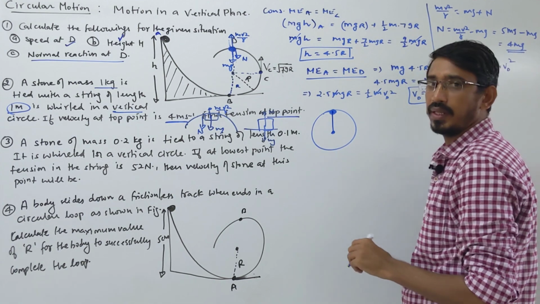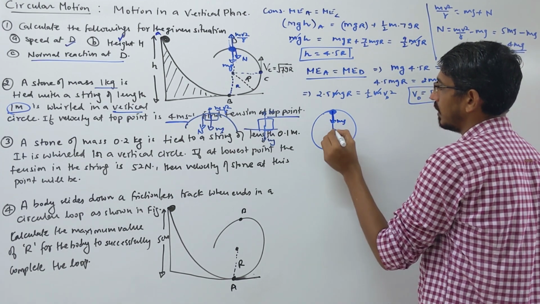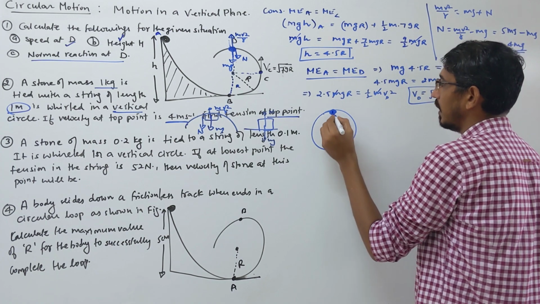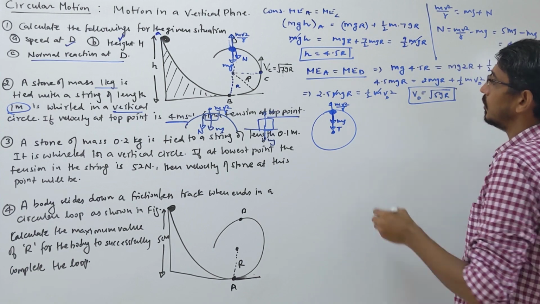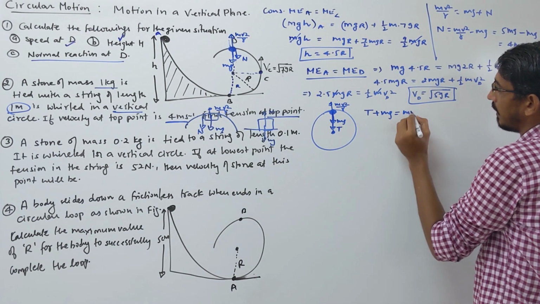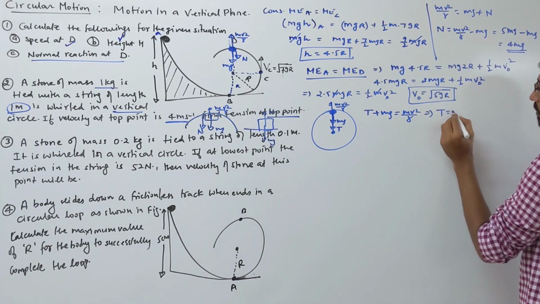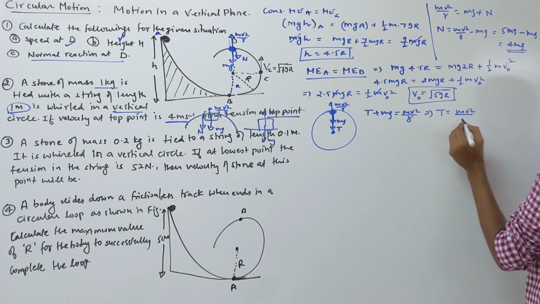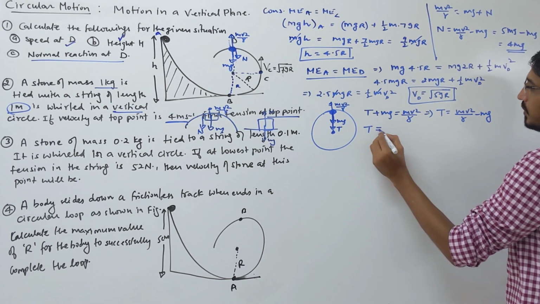Look here, what forces are acting? mg acts downward, tension T acts downward, and mv square by r is upward. So T plus mg is equal to mv square by r. We have to find tension, so T is simply mv square by r minus mg. Now put the values here.